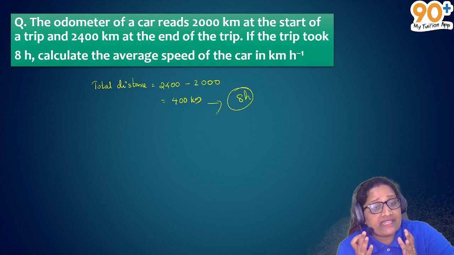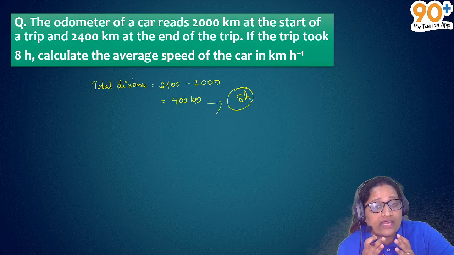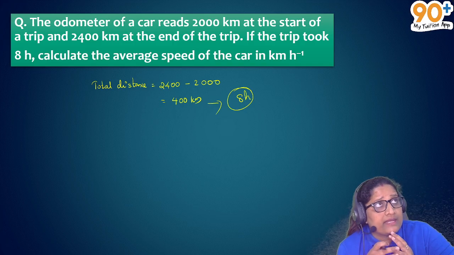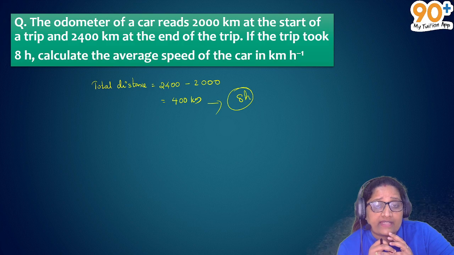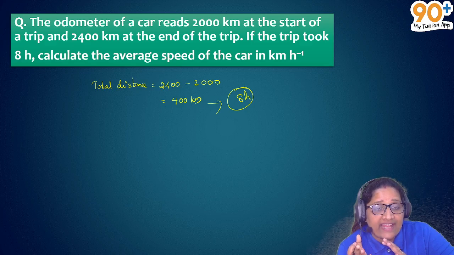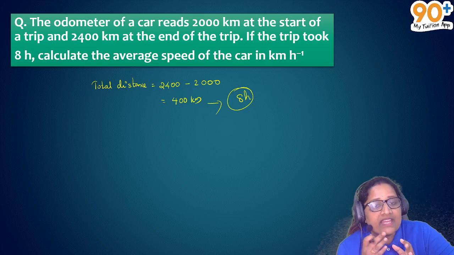Even if he is maintaining a speed of 100 kilometer per hour, he can reach it in 4 hours, so 8 hours he took. Within 8 hours he did 400 kilometer. So 50, this is the answer.